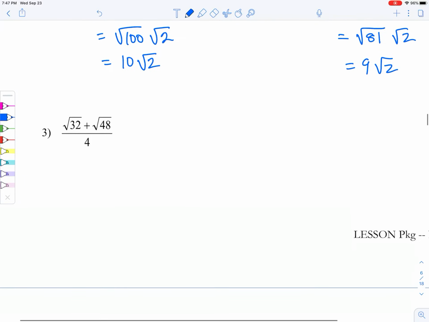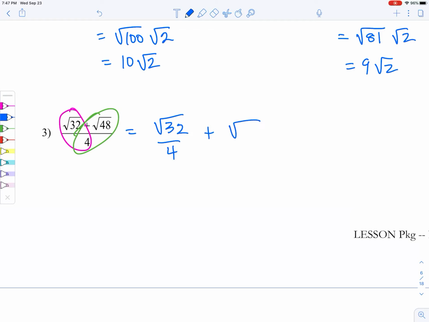And then, trying to be tricky, but we know we're going to deal with each of these things on its own, so I'm going to write these as two different fractions. So it equals root 32 over 4 plus root 48 over 4.